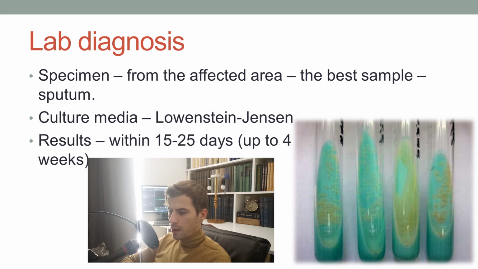culturing bacteria. The most used culture medium for diagnosis of tuberculosis is Lowenstein-Jensen, and the results could be within 2-3 weeks, but sometimes it can be up to 4 weeks. So the results are not that fast. It is slowly growing bacteria.